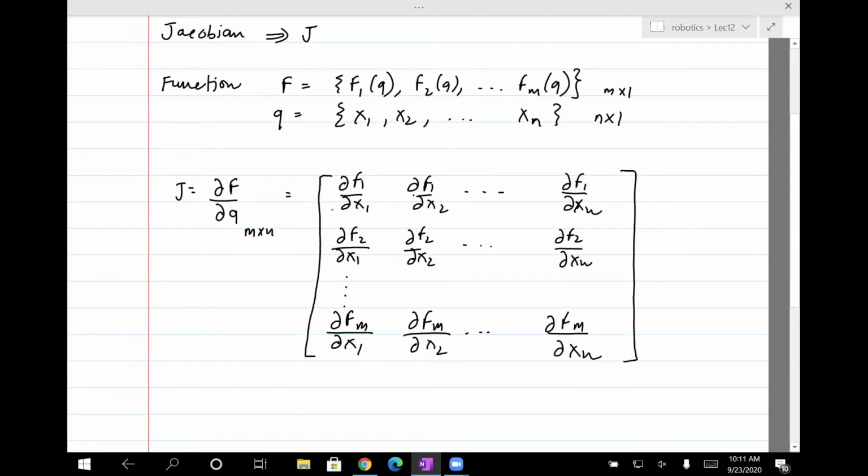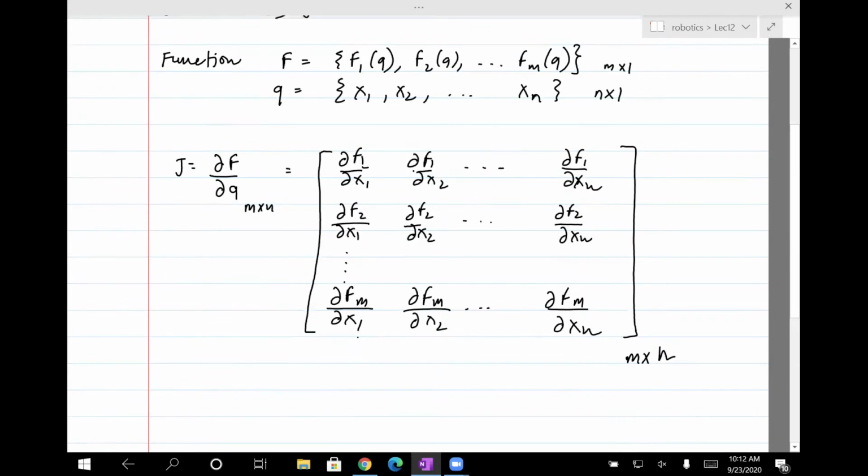So you can see it's m rows because we go from 1 all the way to m. And then because we have the partials from 1 all the way to n, the columns are n. Okay, so f is a vector, q is a vector, and the Jacobian is a matrix.